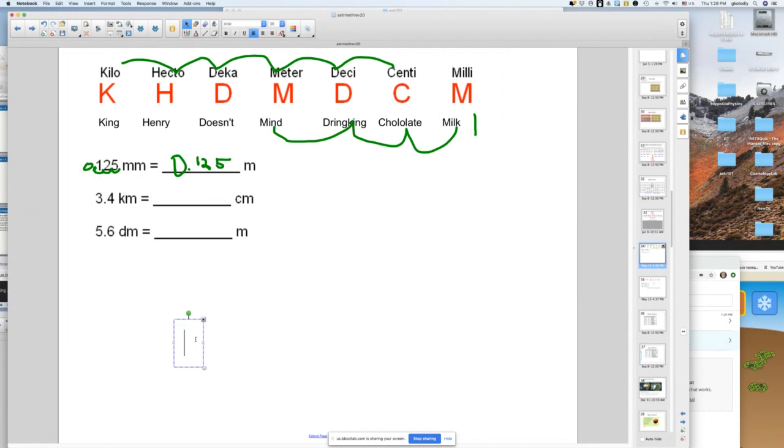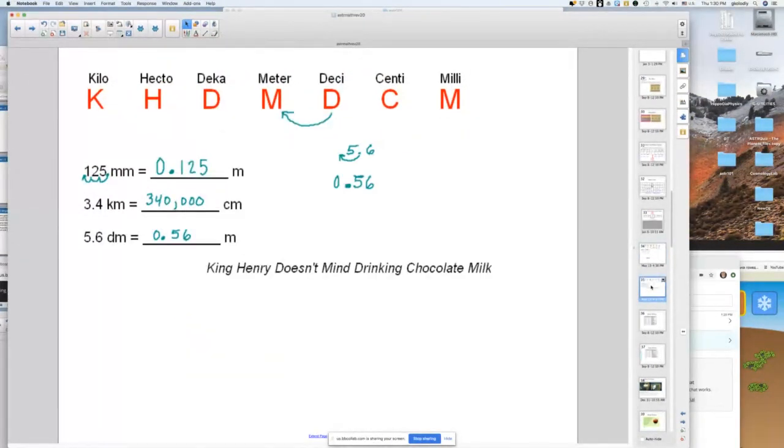Okay, you got 3, 4, 1, 2, 3, 4, 5. That's how many. 3.5 kilometers is that many centimeters. Same thing with going from decimeters. So here you see the numbers.